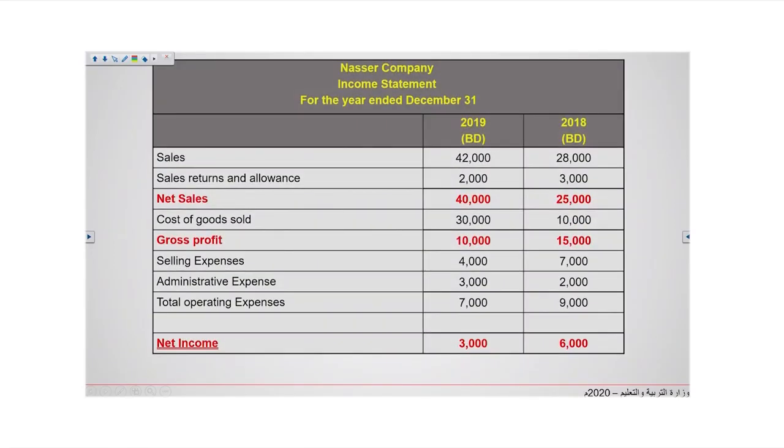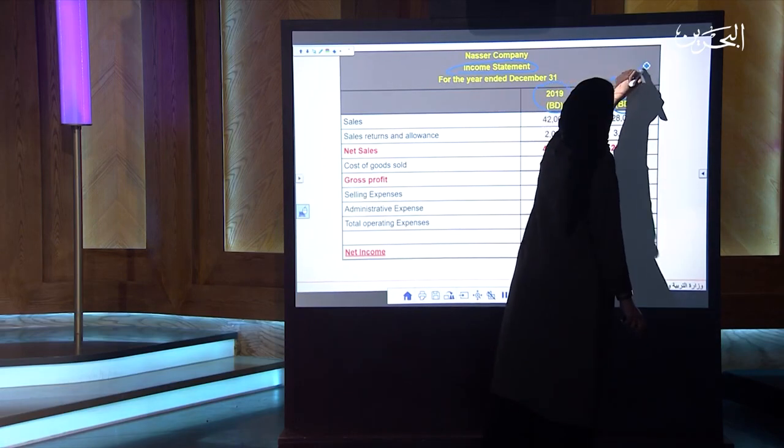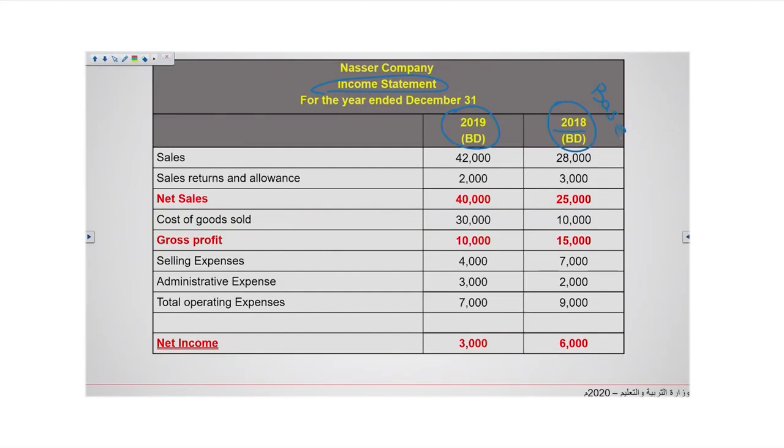Okay, now we have income statement. The previous example was about the balance sheet. Now we have income statements, the same. We have base year and current year. The old year is base or old. The current year, it's new or current. Okay, let's see the solution.